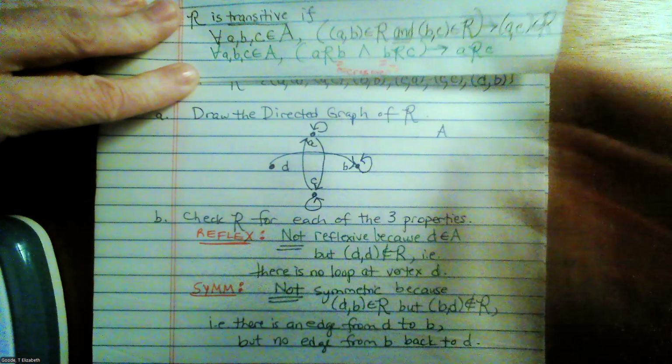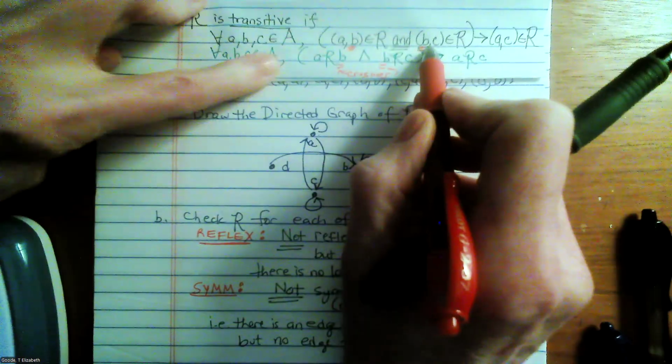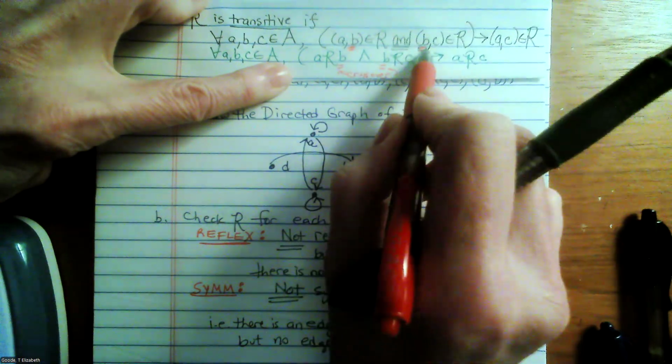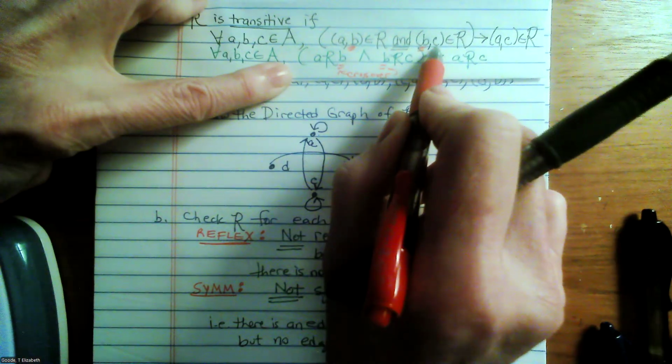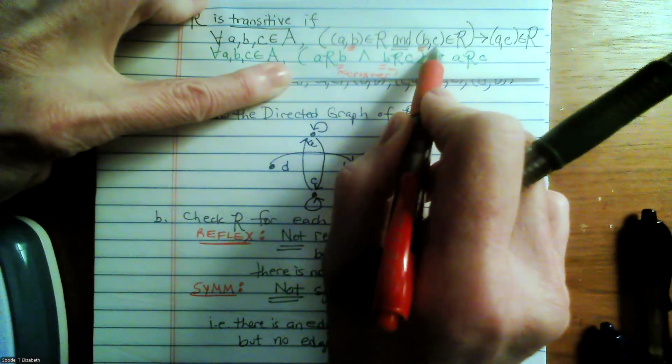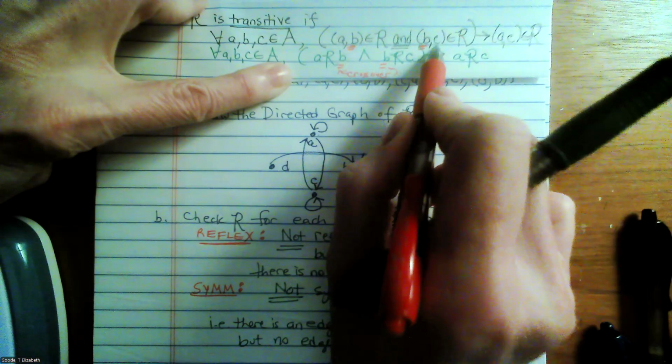And when we have the hypothesis satisfied, we're looking for an element that appears as a first coordinate and as a second coordinate. Then we put them in this order where that shared coordinate is on the inside. And we need to find the edge from the outside elements. So one from A back to C.